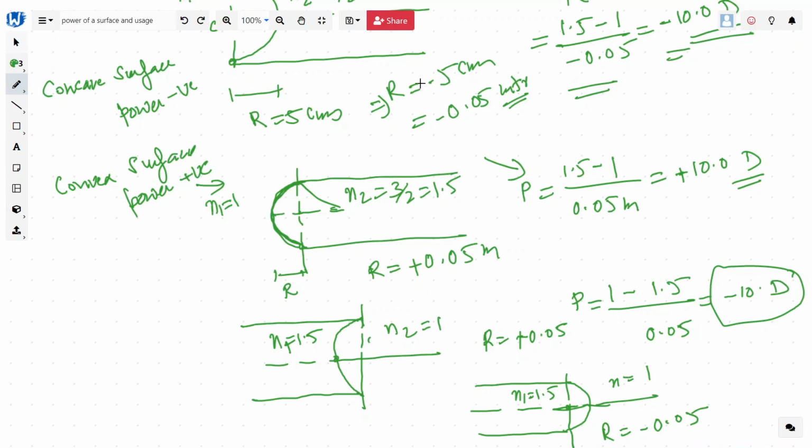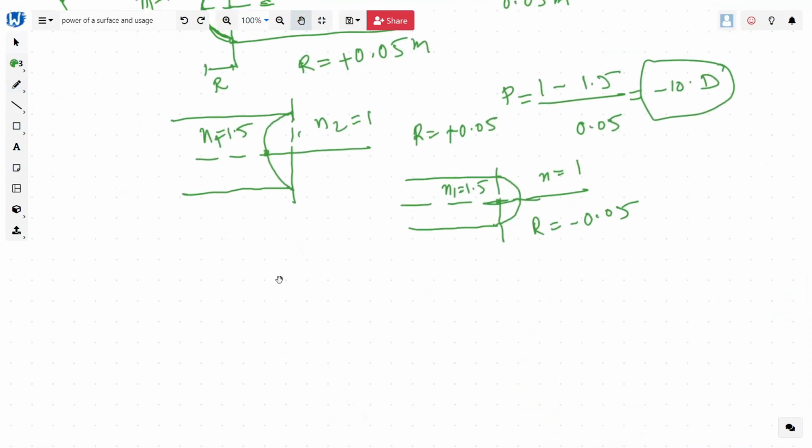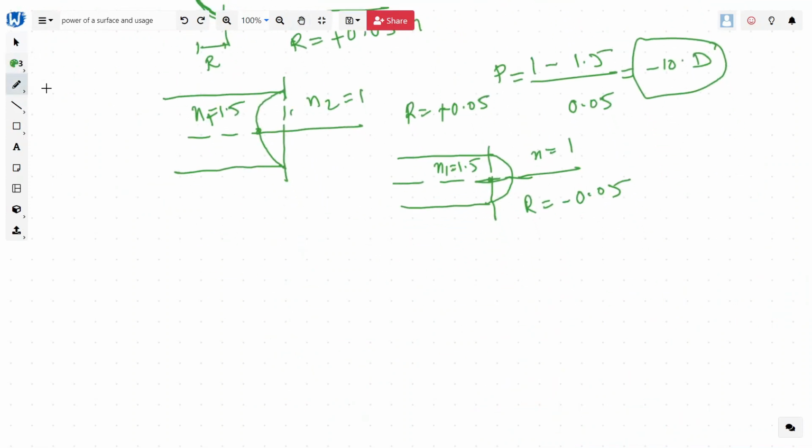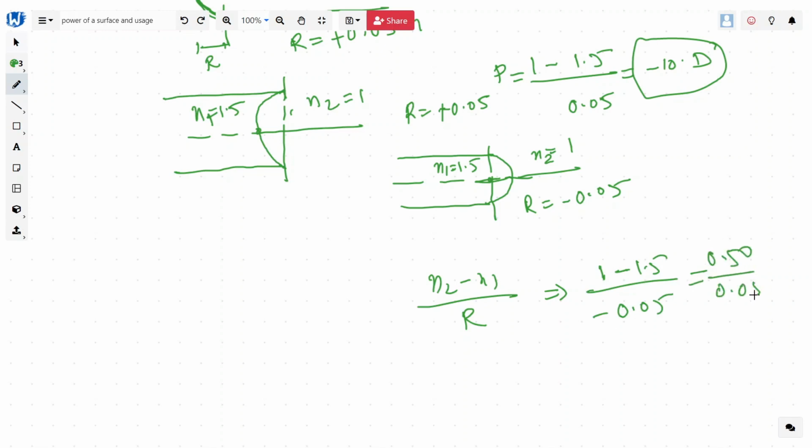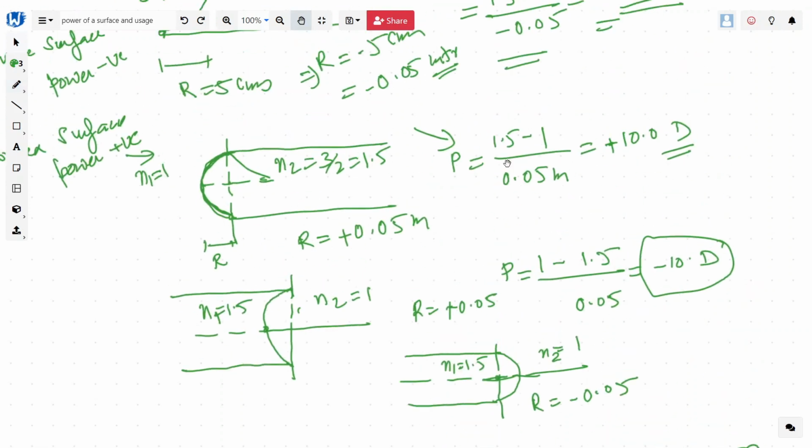When you put that into the equation, n2 minus n1 divided by R, that is going to be 1 minus 1.5 divided by minus 0.05. Minus minus will cancel, so it will be 0.5 by 0.05, and that will be plus 10 diopters. Exactly the same as the last one which we got here.